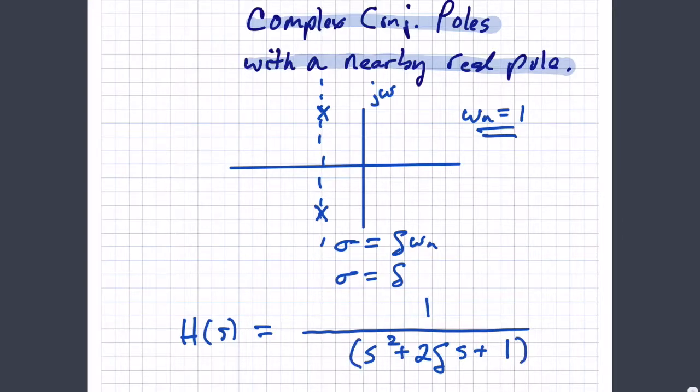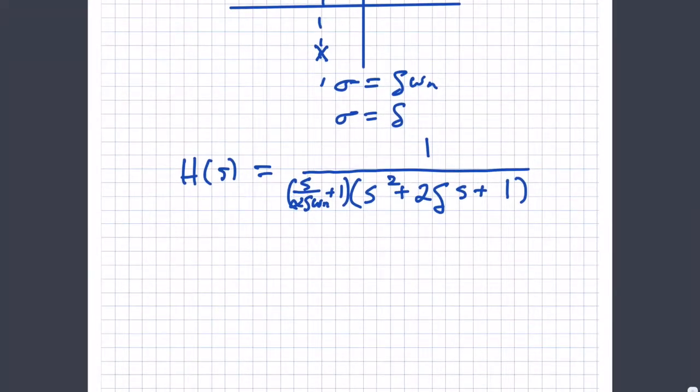And then we're adding a real pole. The way we're going to do that is we're going to add a term s divided by alpha times zeta omega n. But remember, omega n is equal to 1, so it's really s over alpha zeta.